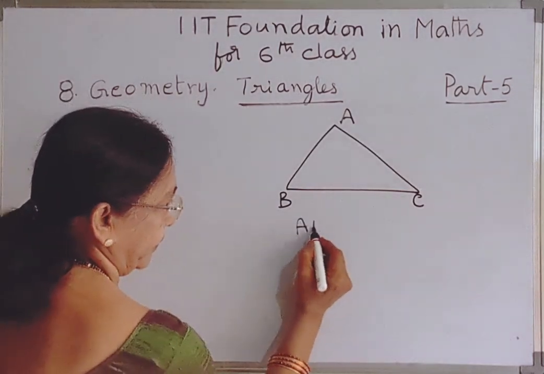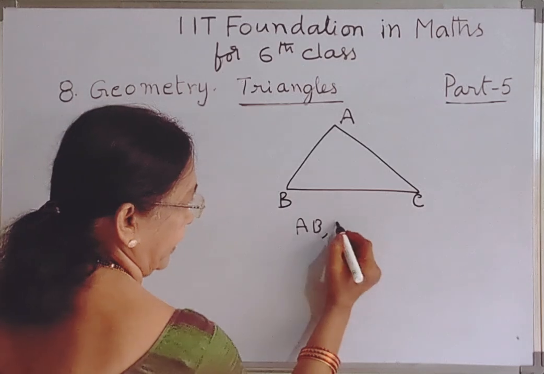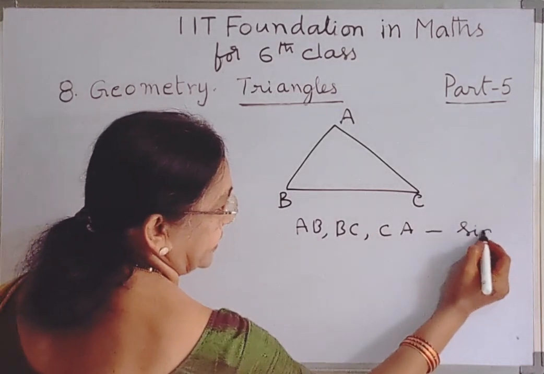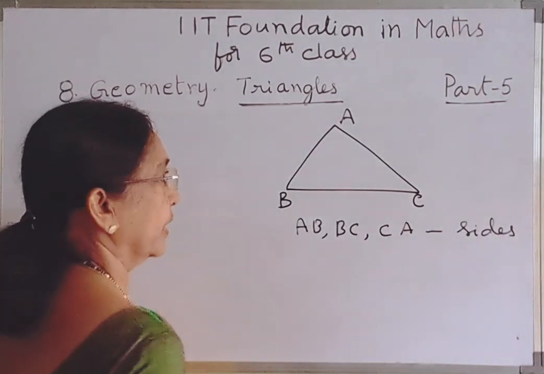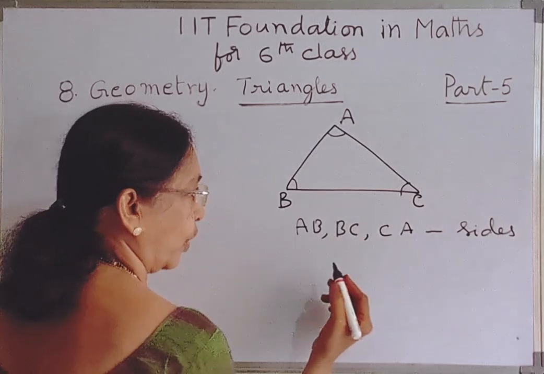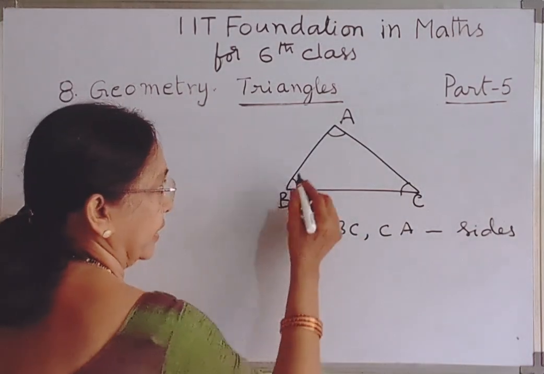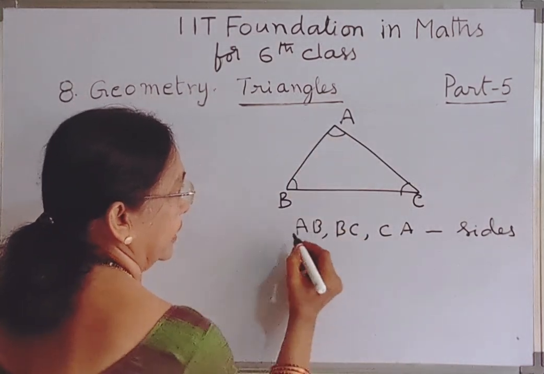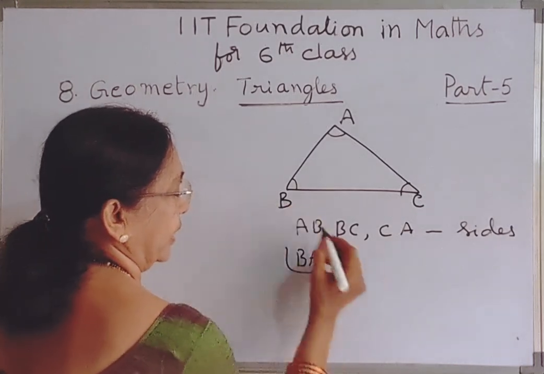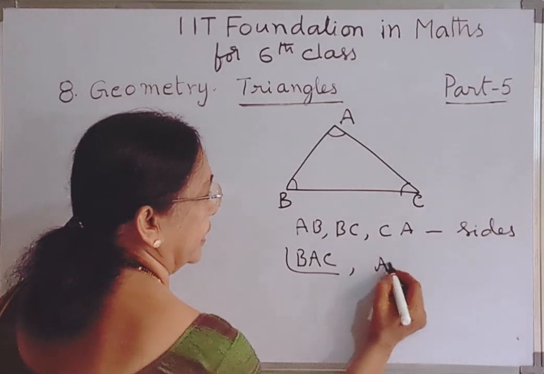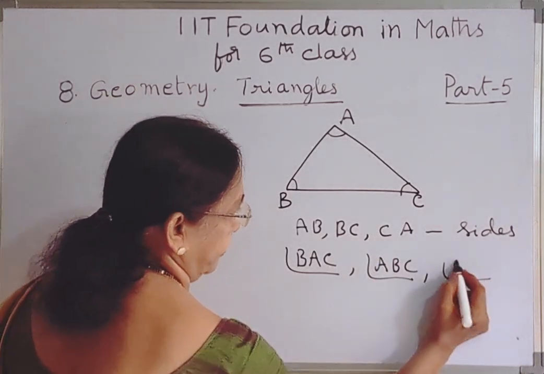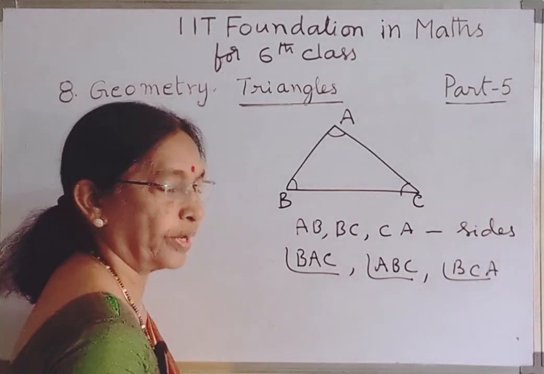Here AB, BC and CA are called the sides of the triangle, and angle A, angle B and angle C are called the angles of the triangle. Angle A is written as angle BAC, angle B is angle ABC and angle C is angle BCA, to be accurate.